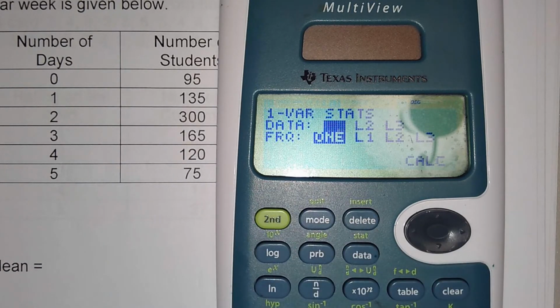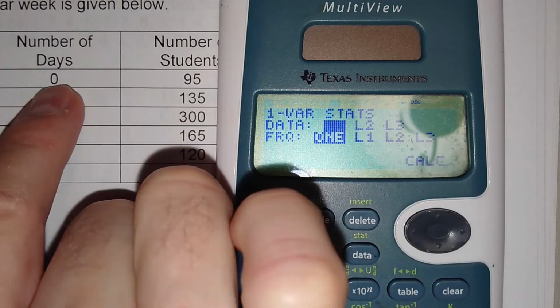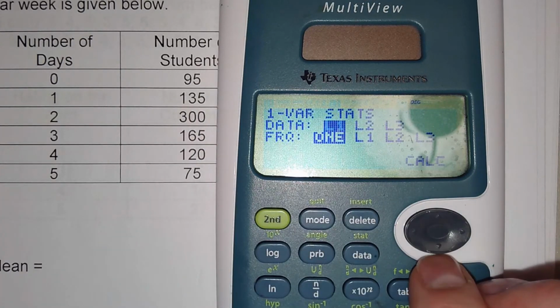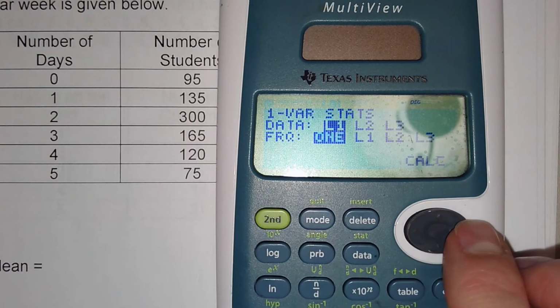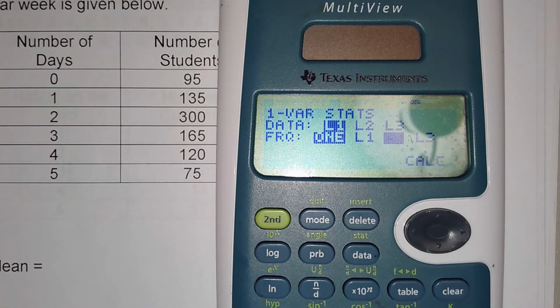And that's not what we want, because we have 95 students that attended no days, 135 one day, and so forth. So I'm going to arrow down here, and I've got to tell the calculator that my frequency is in L2. And now I can calculate.